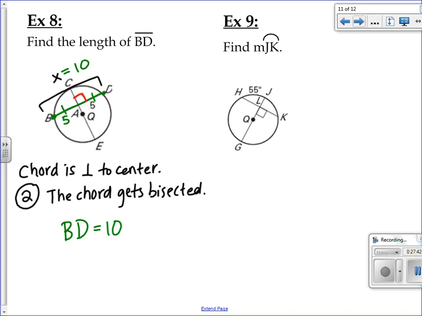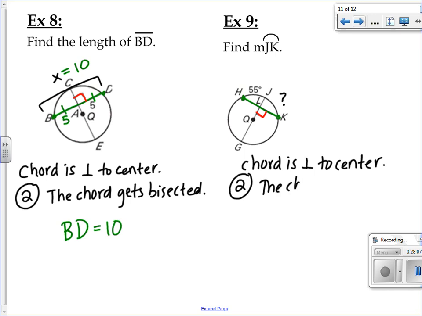Okay, let's take a look at example 9. We're trying to find the measure of arc JK. Again, let's analyze what we have. Okay, I have a chord. I also know that it's perpendicular to the center. So which of the three properties is this? This is property 2 again, which tells us the chord gets bisected.